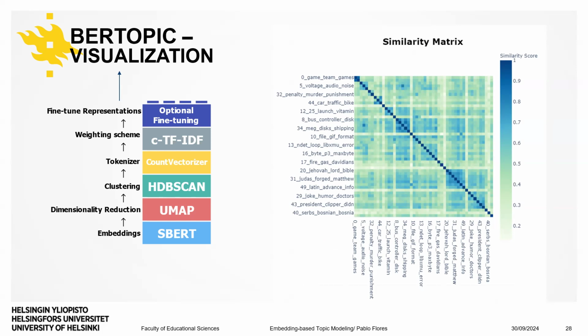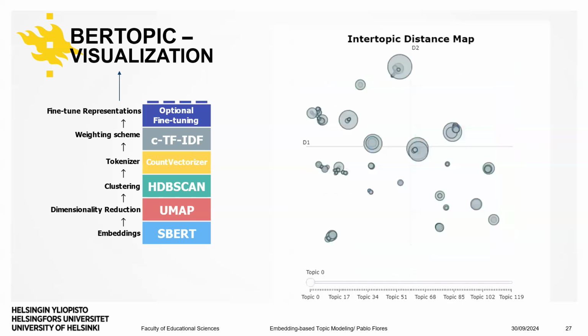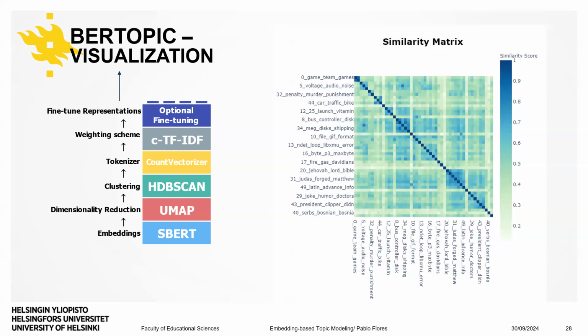And then you have a similarity matrix, which tries to do a similar thing to the previous one, but instead of plotting in 2D, it checks the similarity between topic embeddings. For example, here we have a topic. Don't make sense of the labels, because there were so many topics that the labels are just some of them.